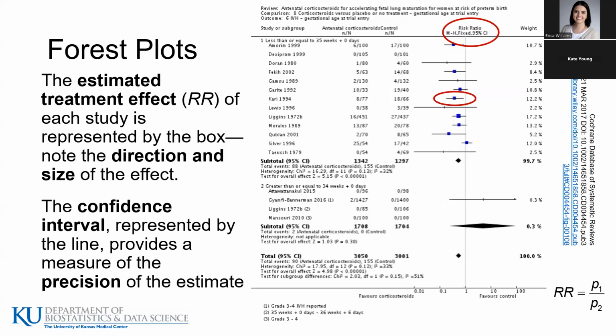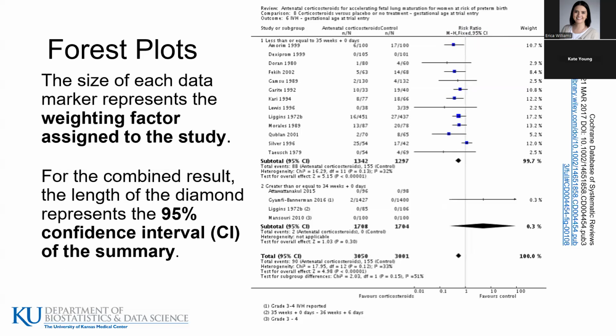So since this effect size measures the risk ratio of 1, a risk ratio less than 1 indicates a reduced risk of the outcome associated with the treatment. A study whose confidence interval falls completely below 1 provides evidence of a benefit of corticosteroids in preventing hemorrhage.